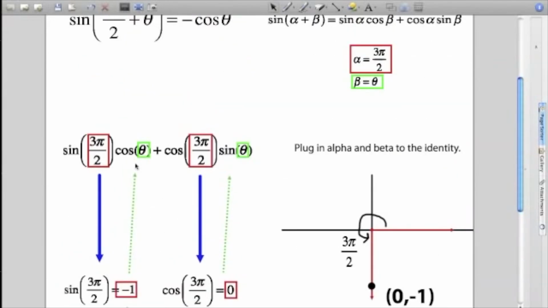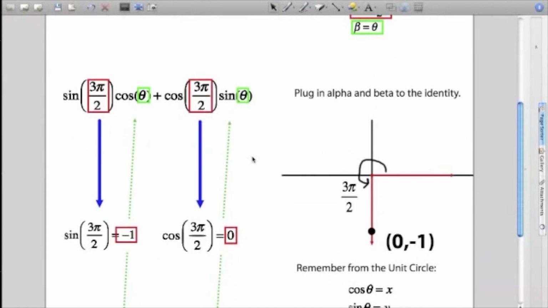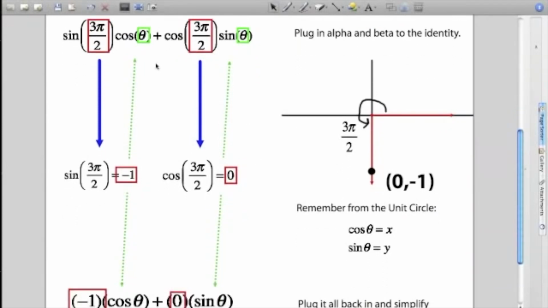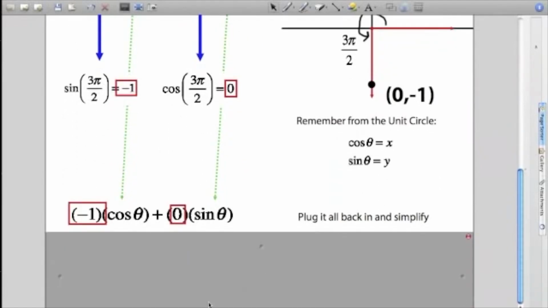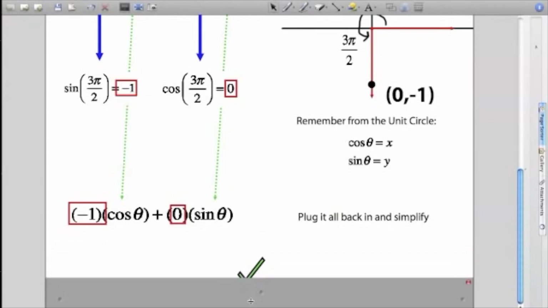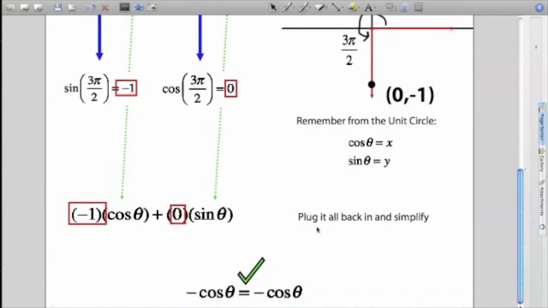If you look back at the top, the cosine of theta and the sine of theta, we didn't really do anything with that. I'm just drawing some lines, and you just drop those down. Those don't do anything. Now, if I simplify this little equation using the negative 1 and the 0, you get exactly what we wanted.